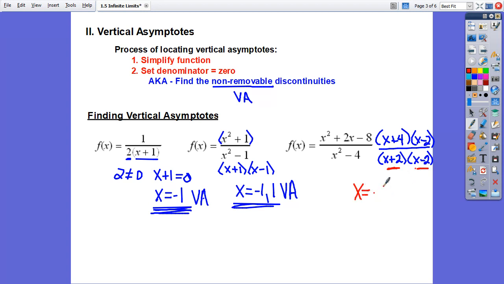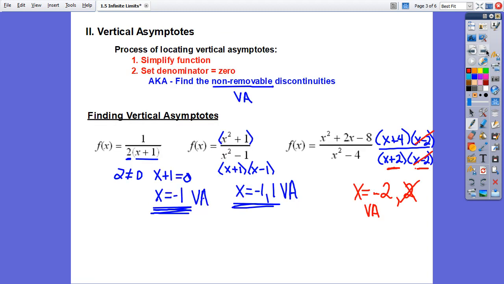Those are our discontinuities. Now, which one is non-removable? Well, if you notice, one of them, the 2, can be removed. So the 2 is not a VA. It is a discontinuity, but it's a removable discontinuity. So the only vertical asymptote that we've got is x equals negative 2. So we have a VA there and a hole around the value of 2.